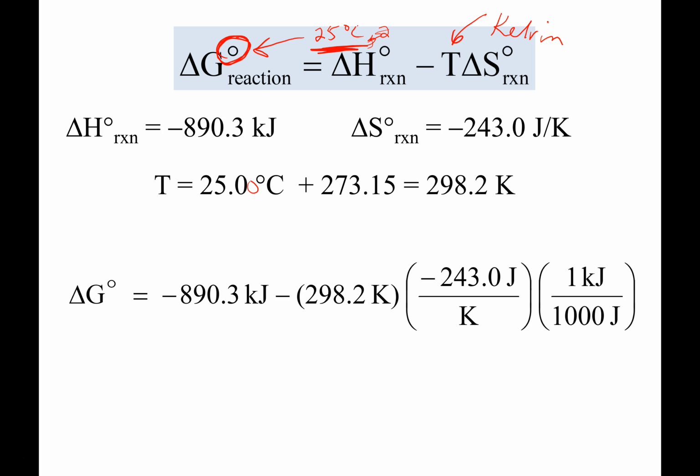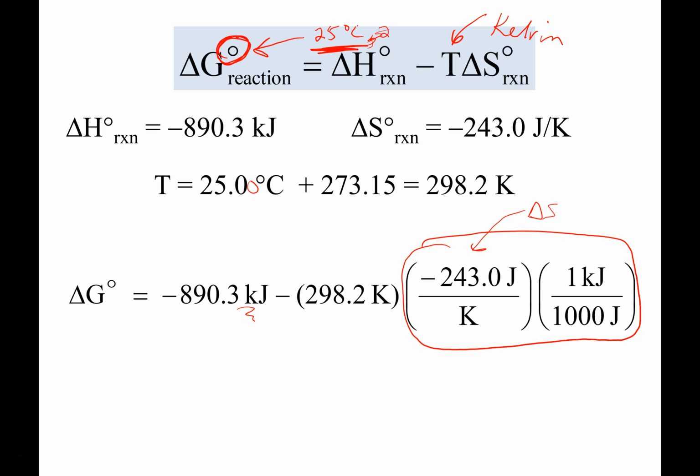Ready to plug. Delta G is negative 890.3 kilojoules, that's our delta H, minus 25 degrees Celsius, or 298.2 Kelvin, times our delta S. Notice we have to do a little fixing, because I need to mix apples with apples.